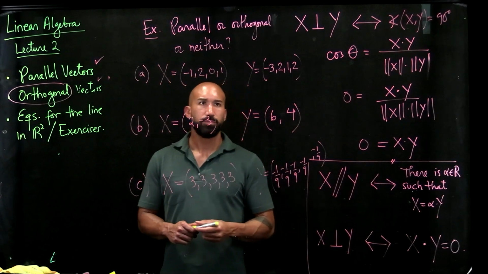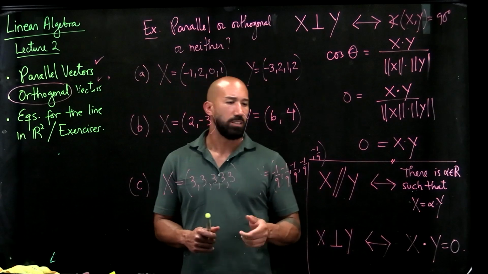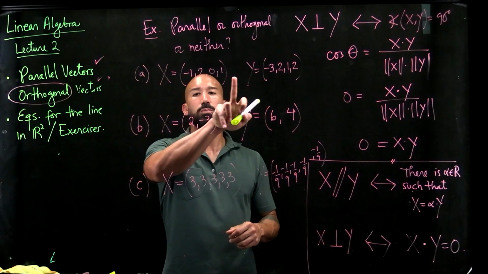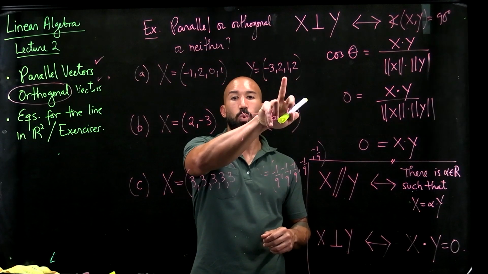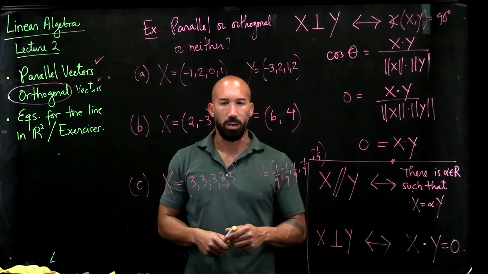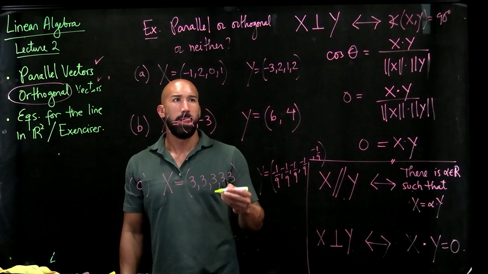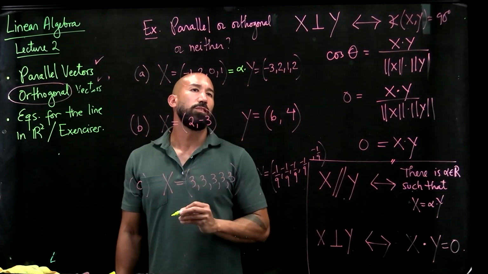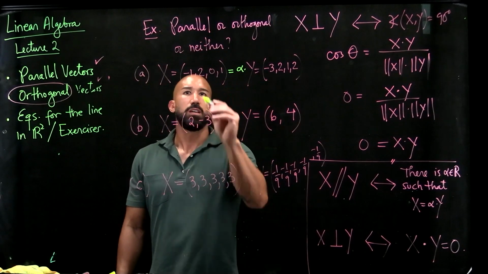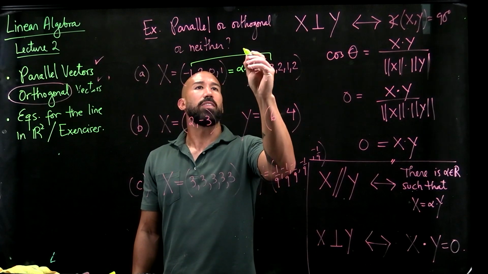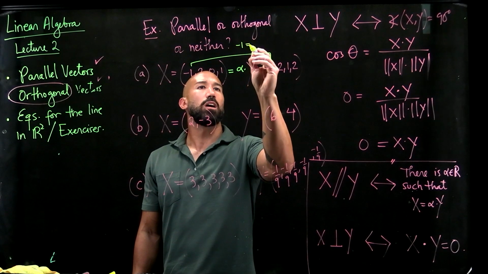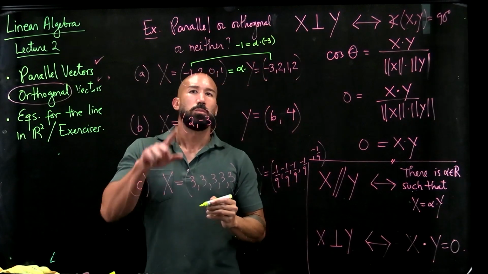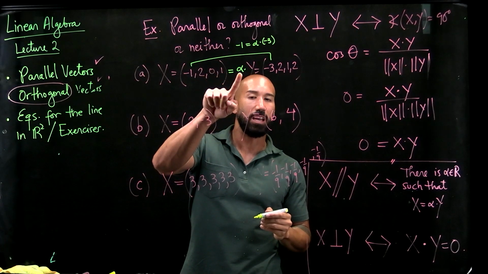Is that okay? Well, parallel in this case. Well, to be parallel, this vector needs to be this one times some scalar alpha. Is that okay? Well, if I want to make this equal to alpha times y, in particular, I need that alpha satisfies -1 equals alpha times -3. Because how do we multiply a scalar by a vector?